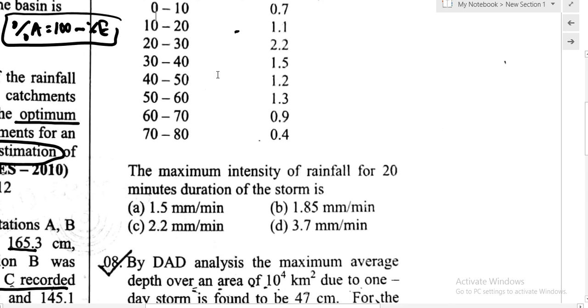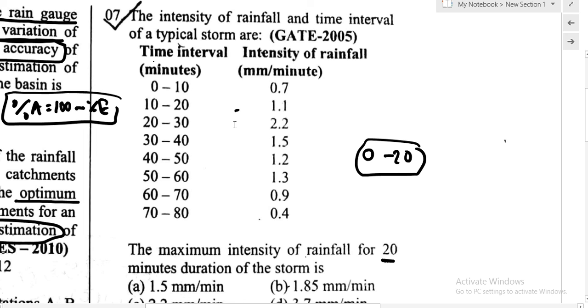It is asking the maximum intensity of rainfall for a 20 minute duration of the storm. It is given for a 10 minute duration, so now you have to convert it into a 20 minute duration of the storm.